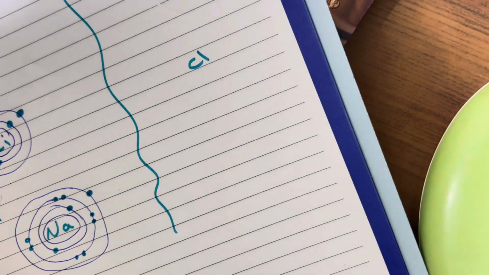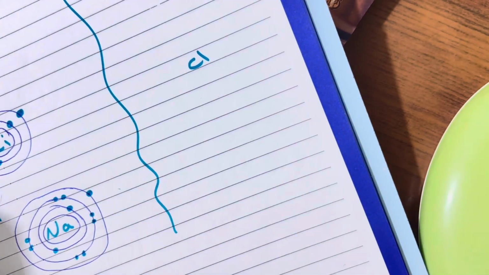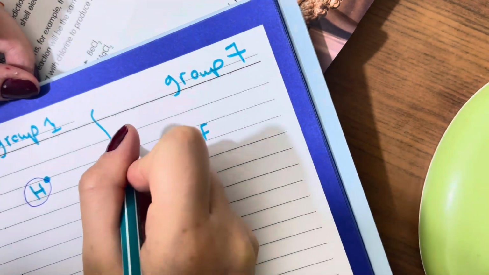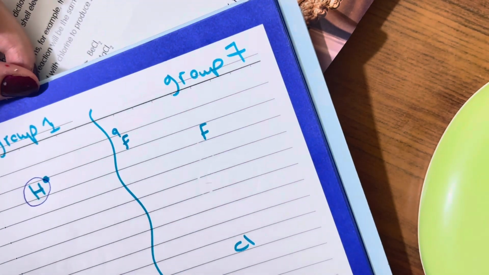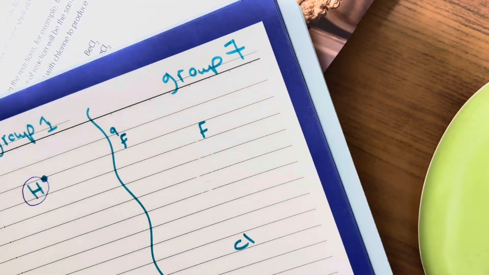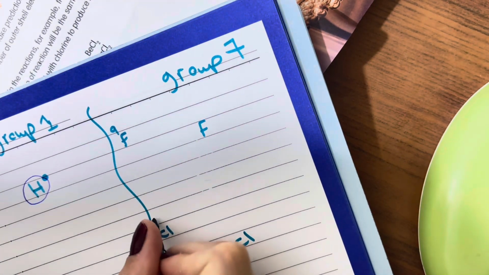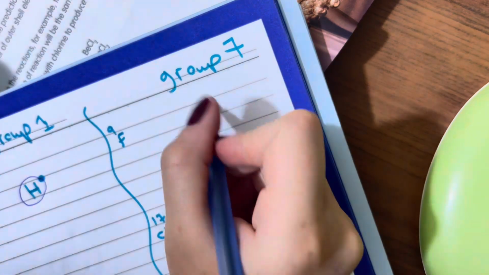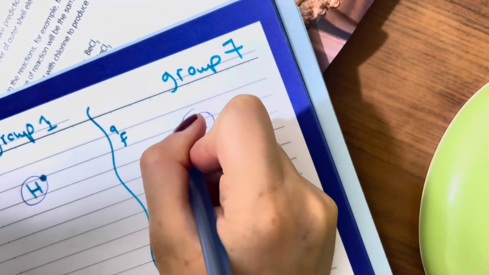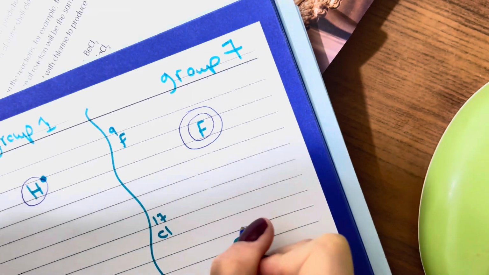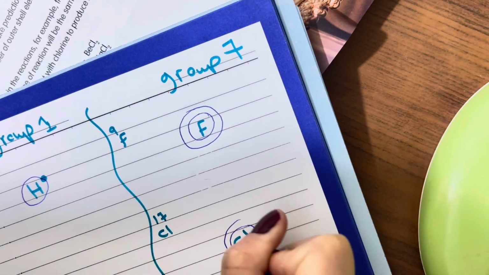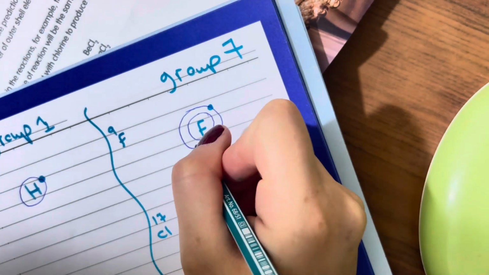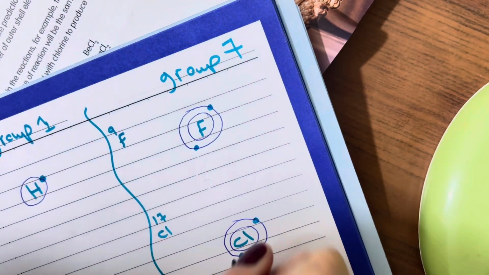Let's see fluorine. In fluorine we have 9 electrons, and for chlorine we have 17. This is the nucleus, this is the first shell, and also this is the nucleus, this is the first shell. 1, 2, 1, 2.